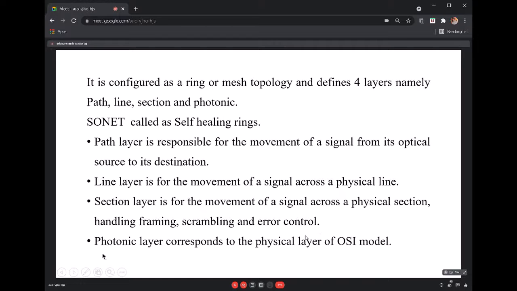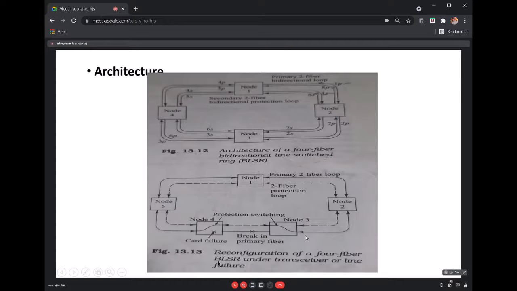The photonic layer corresponds to the physical layer of the OSI model. That's why I told you these 3 layers are used in the data link layer, whereas the photonic layer corresponds to the physical layer of your OSI model.